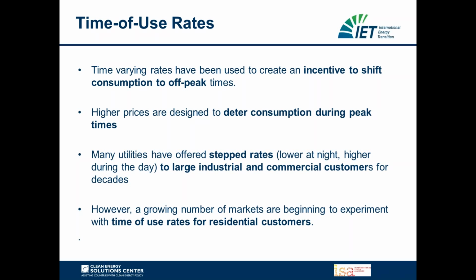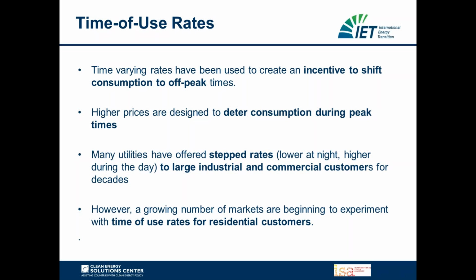Higher prices are designed to deter the consumption then from peak times, and you normally have stepped rates. So you have peak periods and shoulder periods, and then off-peak periods where you have lower electricity prices.